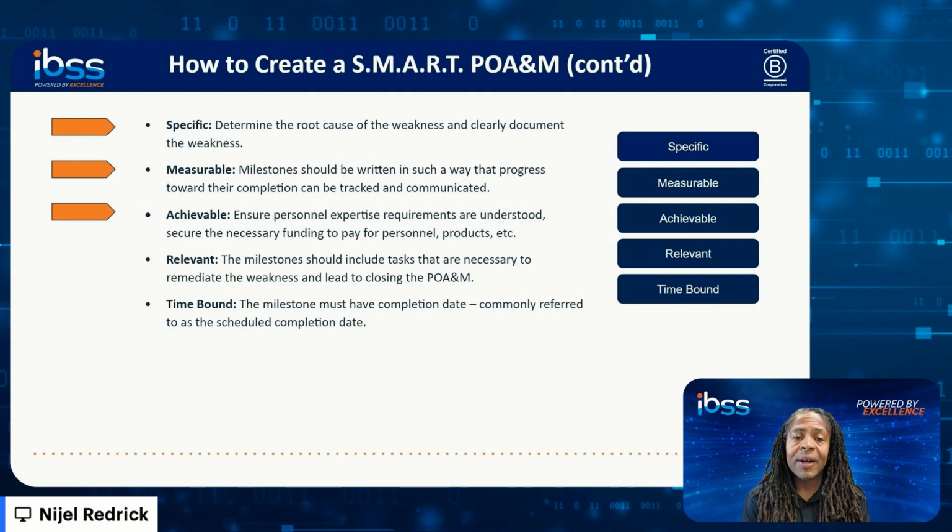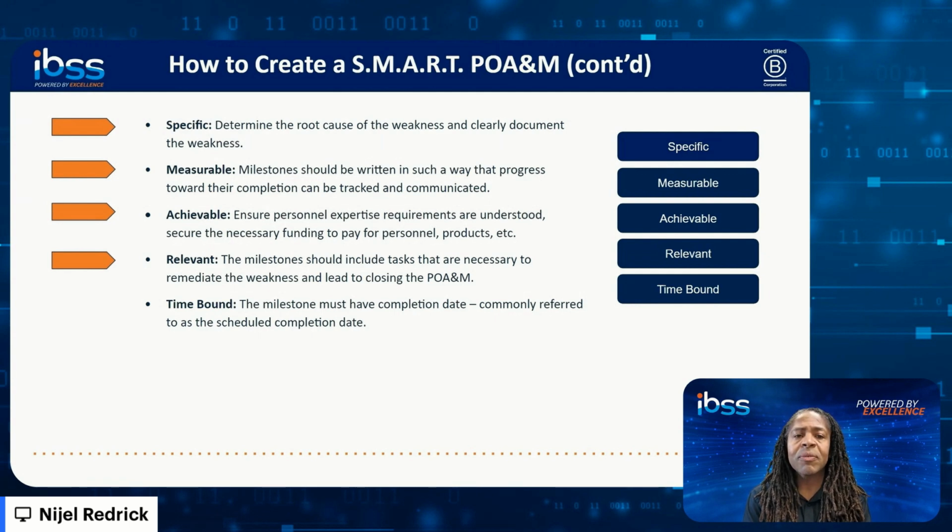We also want to make sure there's funding available. You can have the personnel, but if there's no funding, just in case a new tool is necessary, you want to make sure that's in place also. You also want to make sure that the milestones are relevant. Too often, I've seen POAMs include milestones that are, I wouldn't say not applicable to addressing the weakness.